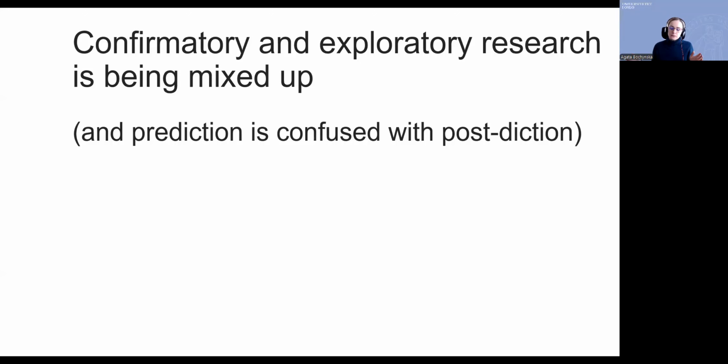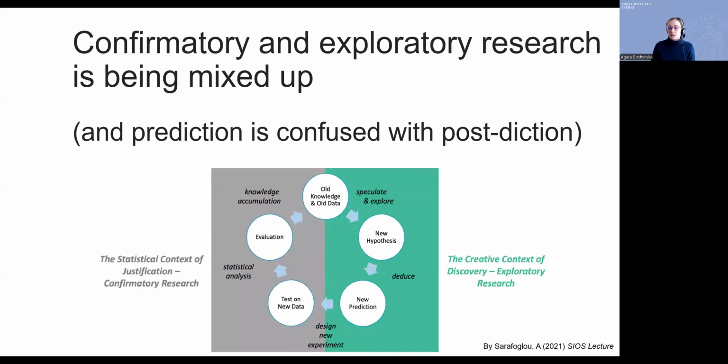And then finally, researchers often mix up confirmatory and exploratory research and mix up prediction with post-diction. So it's totally fine to do confirmatory research, and it's totally fine to do exploratory research, but it's really important to report honestly and clearly whenever we are in the exploratory space and whenever we are in the confirmatory space, and not mix up these two.